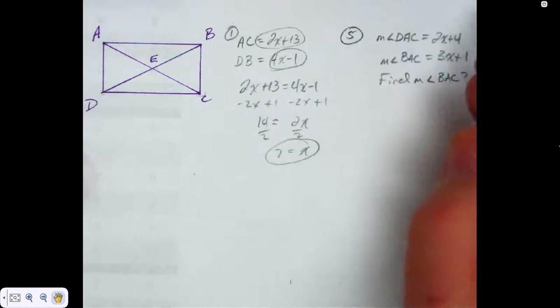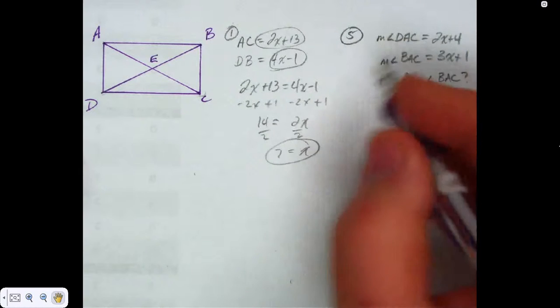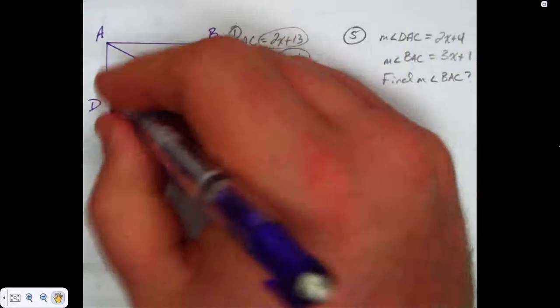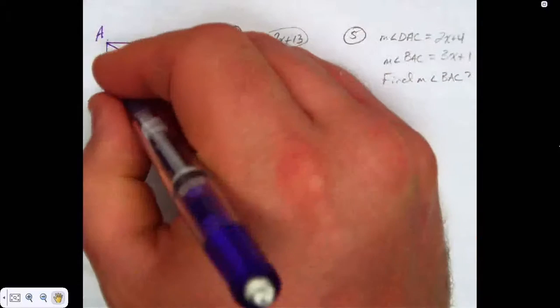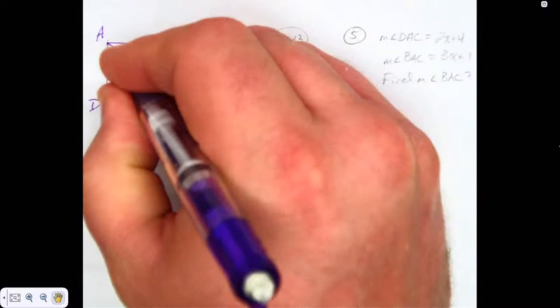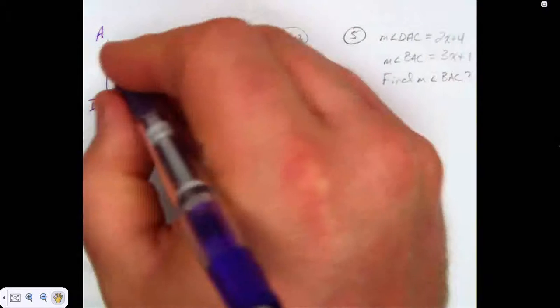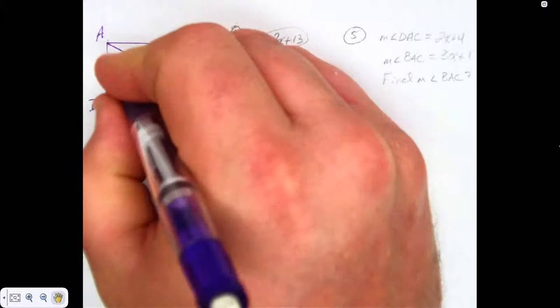So, on our picture here, DAC, measure of angle DAC, D to A to C. So they're talking about this angle right here is what? 2x plus 4.